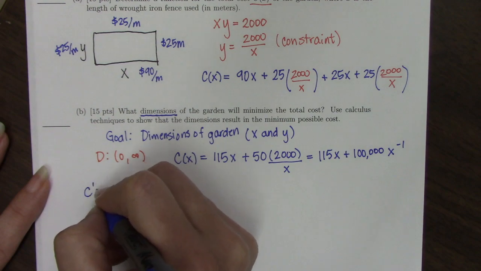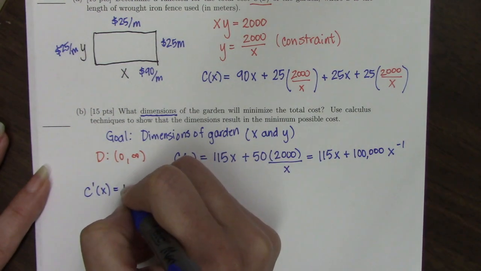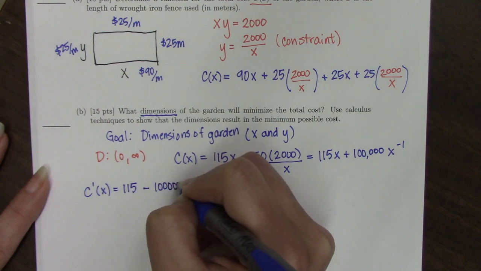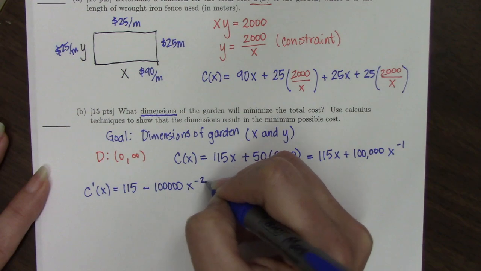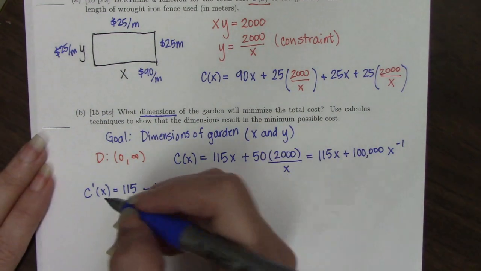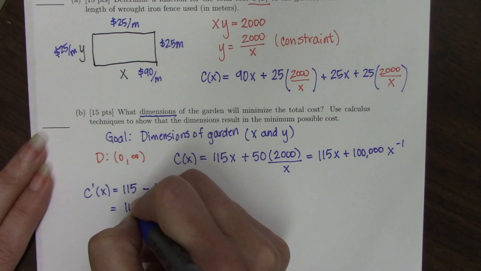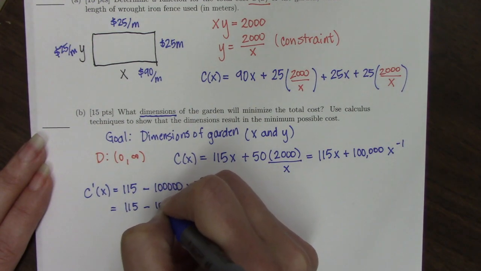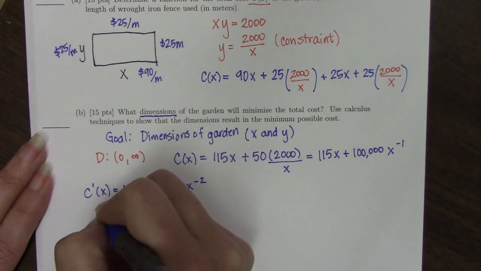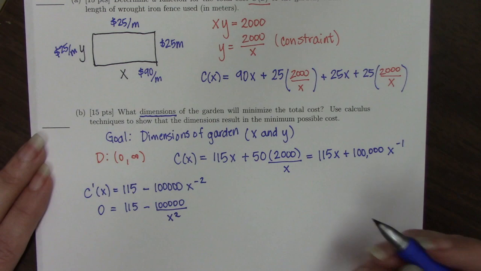So now I'm going to take the derivative of this function, and I get 115 minus 100,000 times x to the negative 2. But in order to set this equal to 0 and solve, remember that calculus is easier with the negative exponents, but algebra is easier if you use positive exponents. So I'm going to rewrite this as 115 minus 100,000 over x squared, and I want to set this equal to 0.